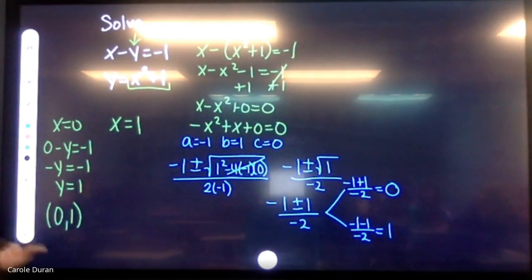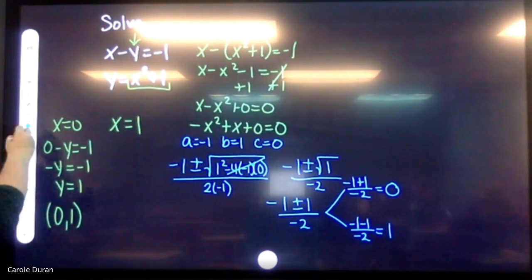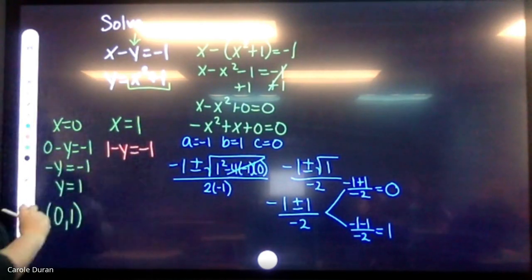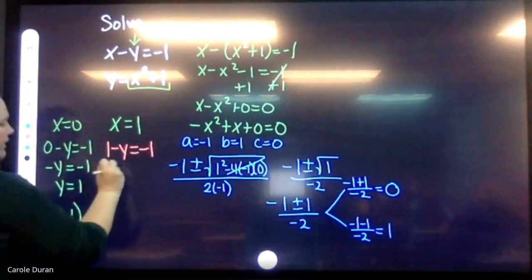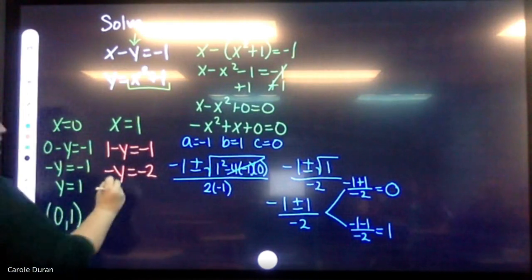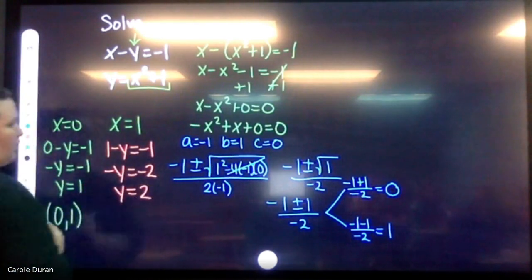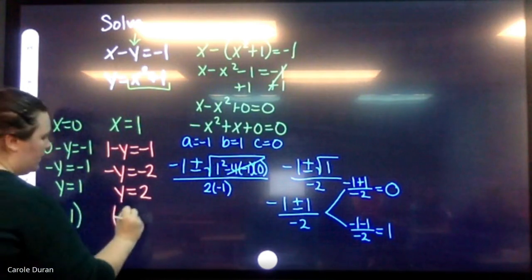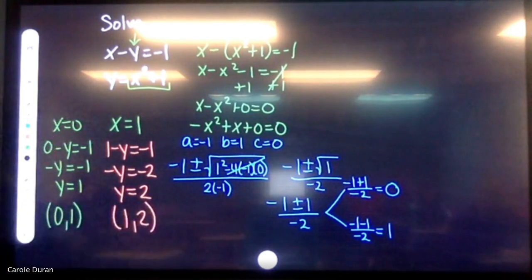I repeat this process with x equals 1. So I get 1 minus y equals -1. I subtract the 1 over. I get -y equals -2. Divide by -1, and I get y equals 2, which means that my solution is 1, 2.